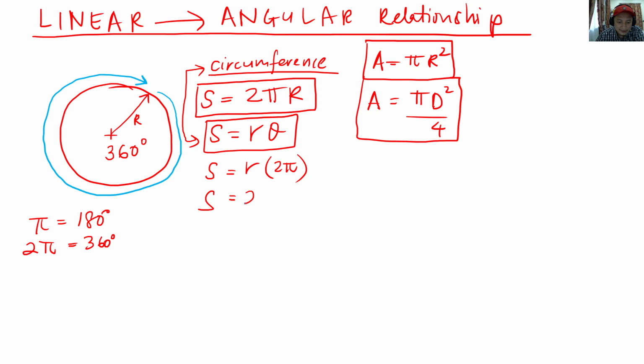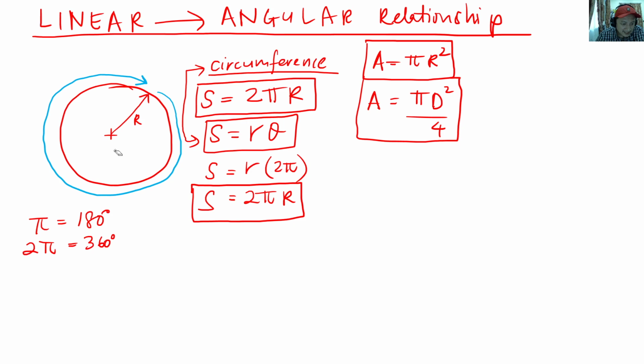S is equal to 2 pi r. So this was the formula that we have been memorizing for so long. I think circumference you will learn in standard 3, 10 years ago or 20 years ago. So S is equal to 2 pi r.